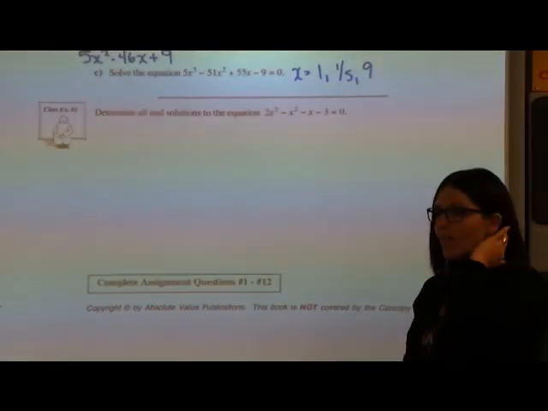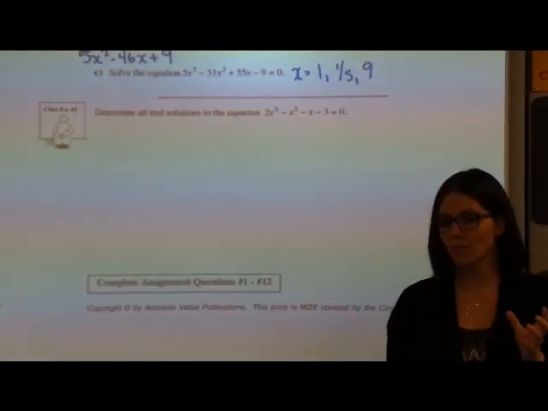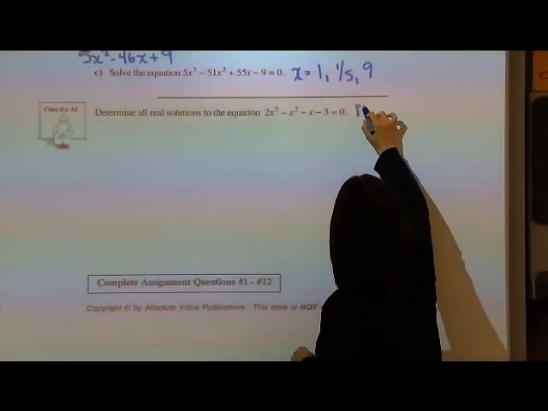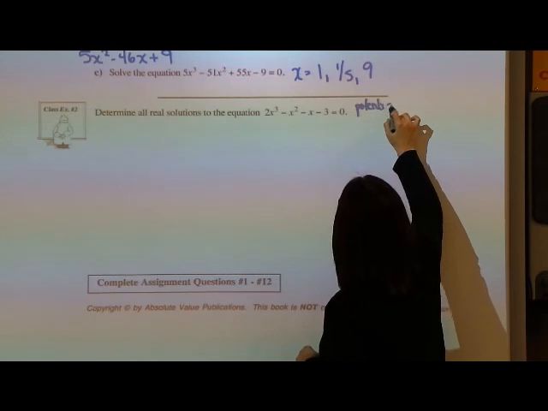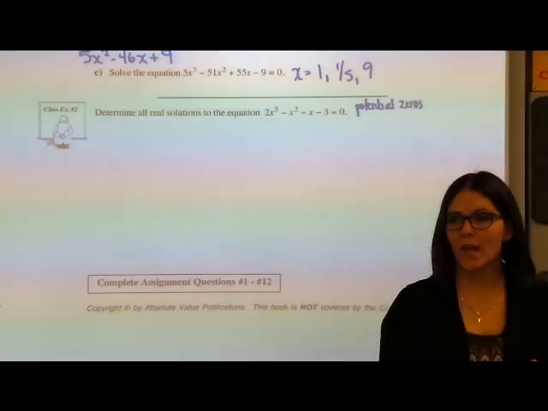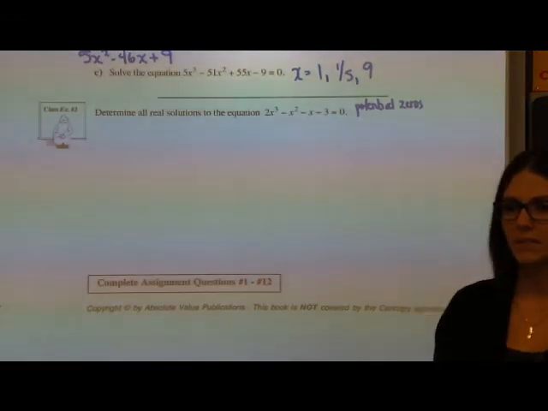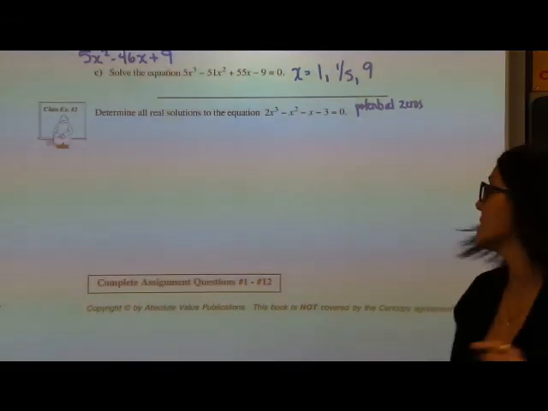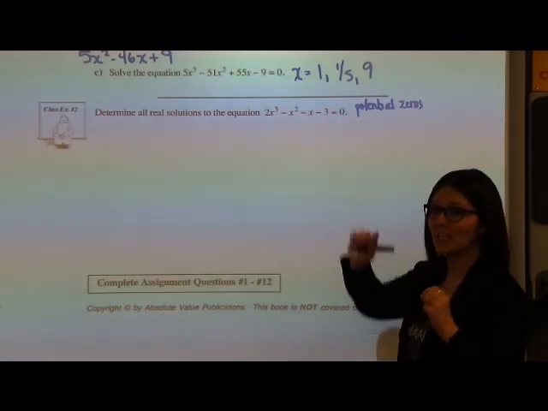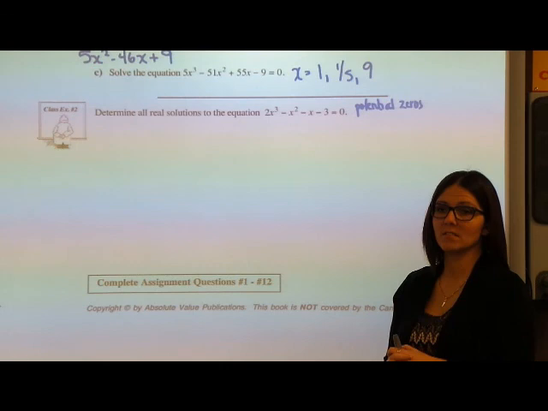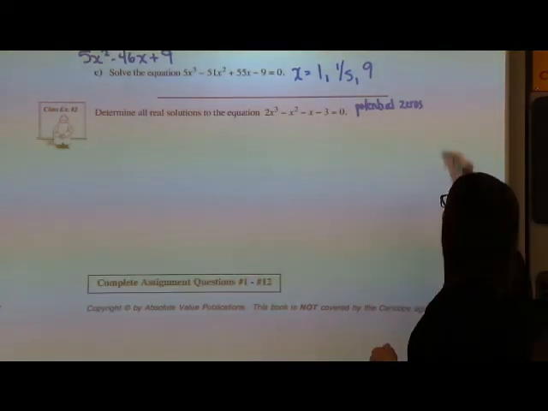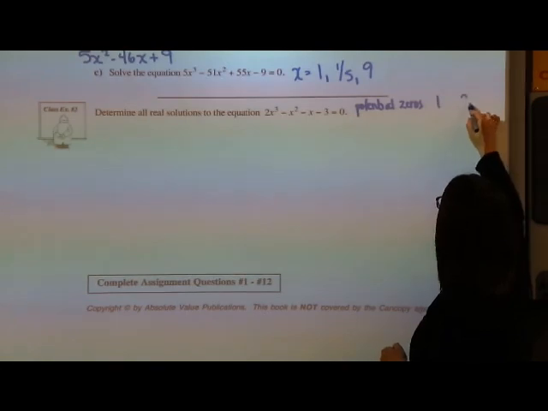So when I'm thinking of potential factors or potential zeros, the numerator is equal to what? The constant. So my constant is 3. So what are my potential factors for 3? 1 and 3. So I'm going to have 1s on the top and I'm going to have 3s on the top.